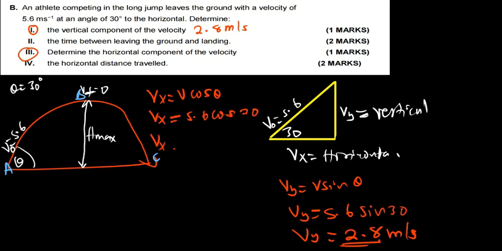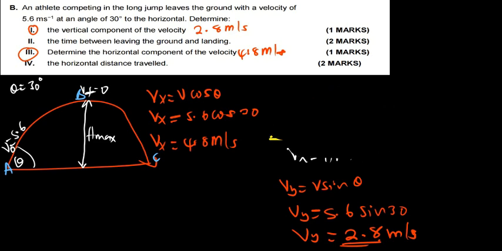So vx will be equal to 5.6 cos 30, which is 4.8 meters per second. 4.8 meters per second is my horizontal. Now I can get rid of this, and I want us to also talk about something else. So we are saying this is the vy and this is the vx.